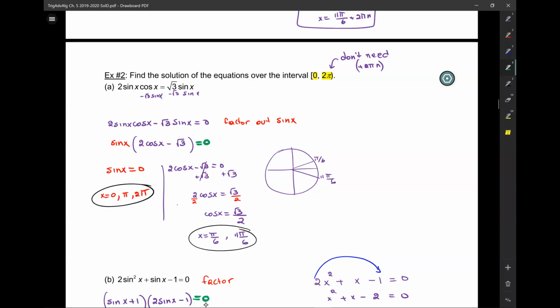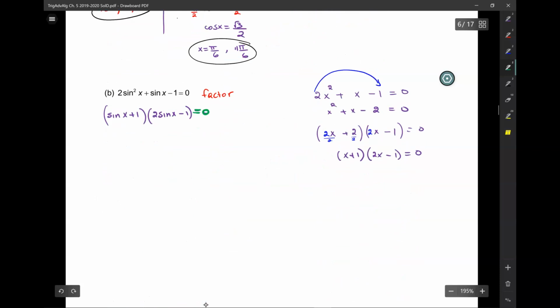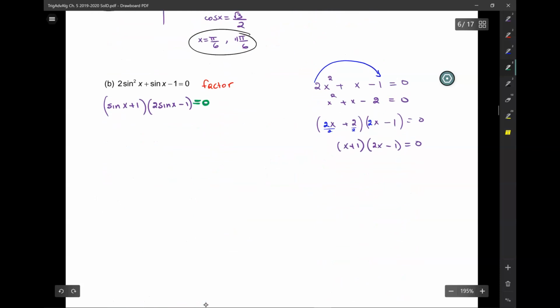The most common mistake I see here, whether it's in Trig or Algebra 2 or Algebra 2 Honors, Pre-Calc Honors, across the board, is if something looks like this, sine x plus 1, 2 sine x minus 1 equals, let's say, 1, right? Then they say, okay, this is equal to 1, this is equal to 1.